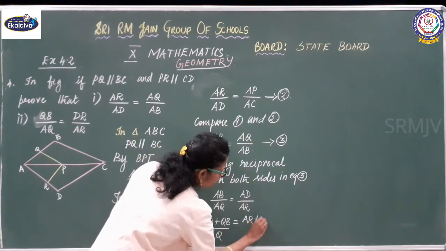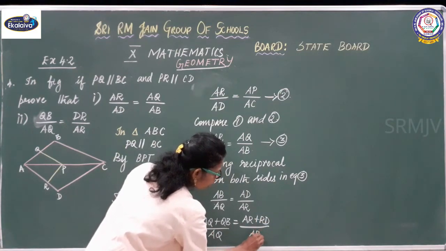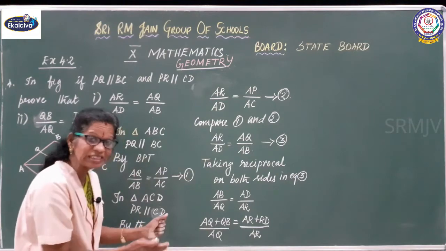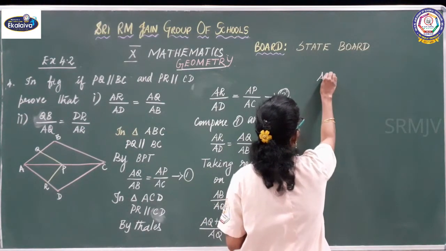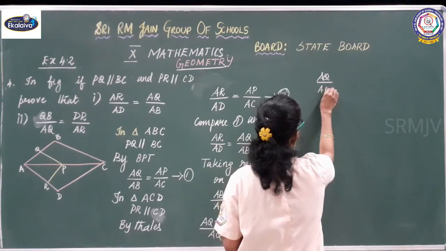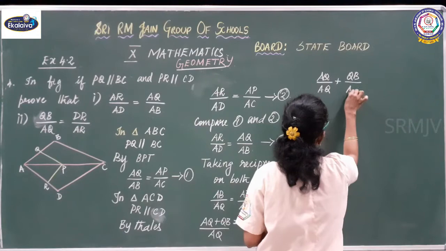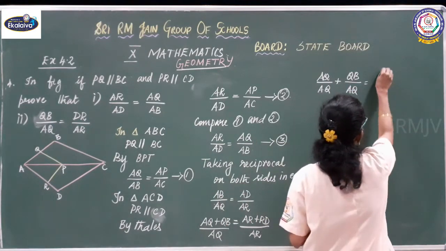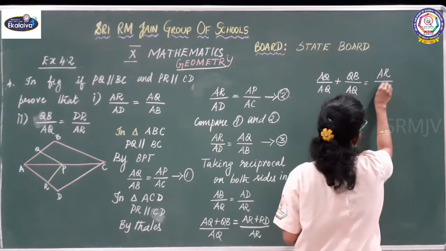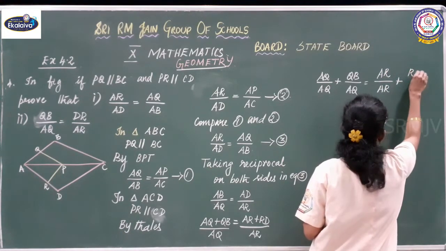So, AQ plus QB divided by AQ equals AR plus RD divided by AR. Now you are going to separate the terms. How to separate, you may ask, right? AQ by AQ plus QB by AQ equals AR by AR plus RD by AR.